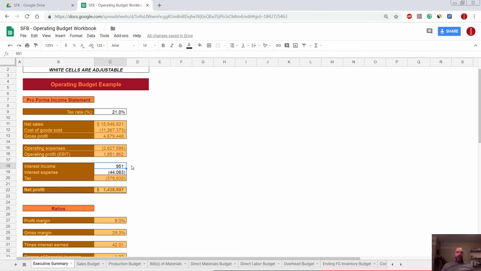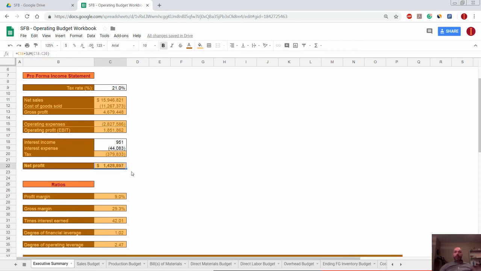So we're not a bank or a manufacturing company, so interest income is considerably less than interest expense. We borrow more than we have collecting interest in a bank account there, just due to the nature of our business. But any operating budget, operating profit, minus interest expense plus interest income minus taxes gives us net profit.